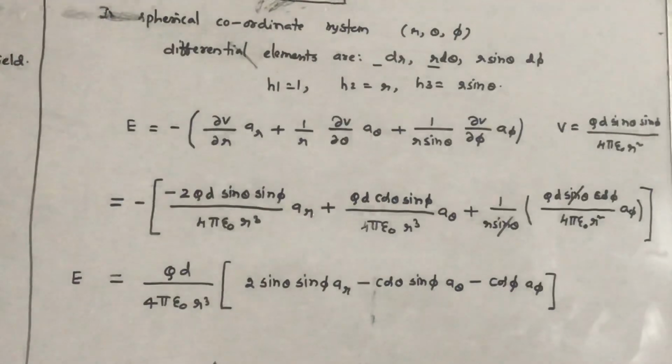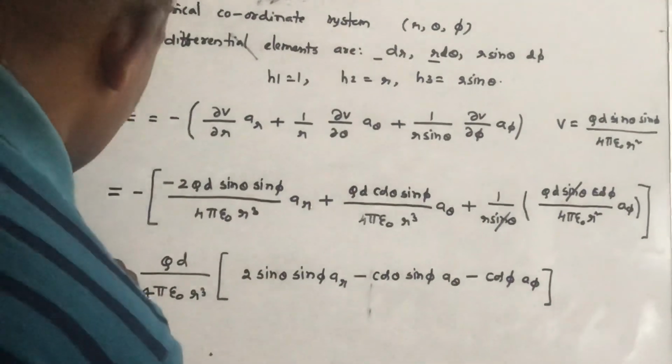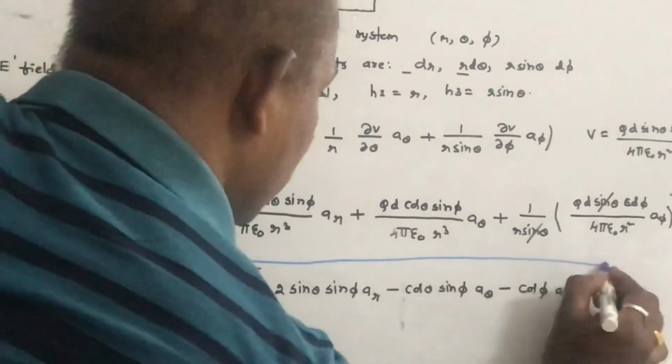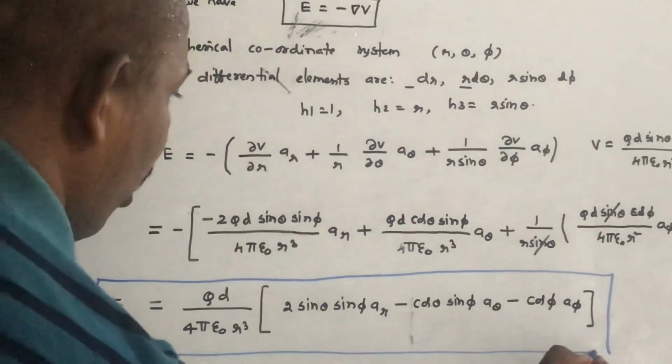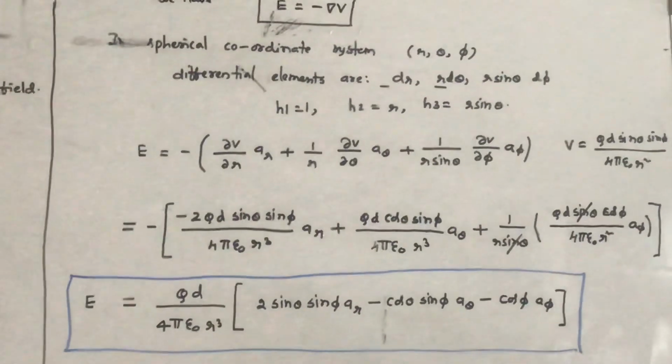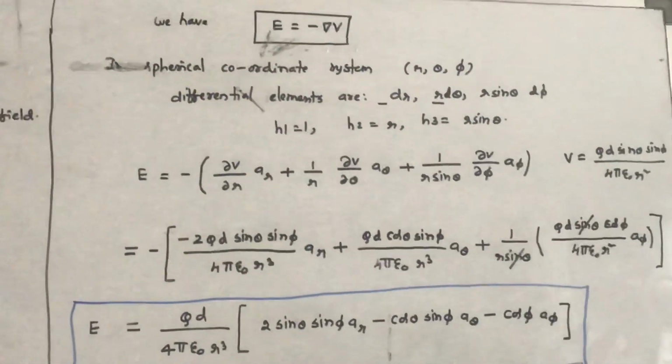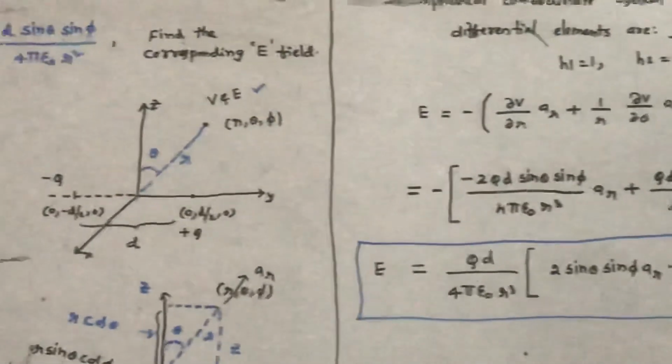So this is the answer for this problem. Very simple question. This is the potential and electric field of a dipole oriented along the y-axis. This is the answer which you have to write to get full marks.